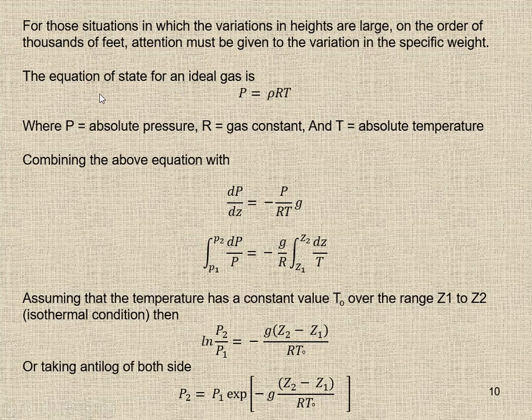The equation of state for an ideal gas is P = ρRT, where we make a relationship between the density of the gas and the pressure, where P is the absolute pressure, R is the gas constant, and T is the absolute temperature.